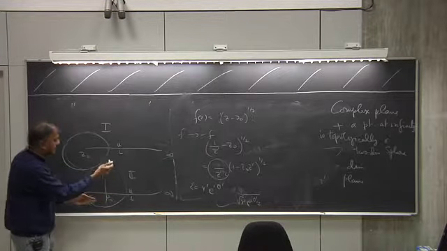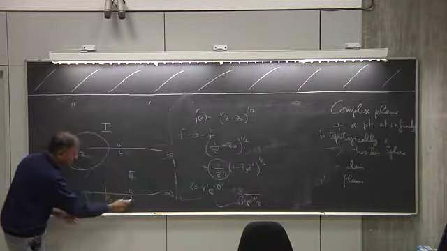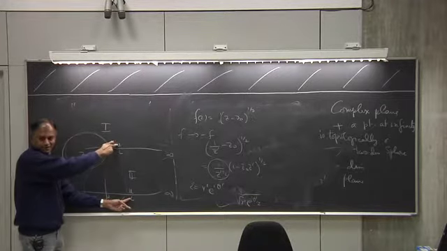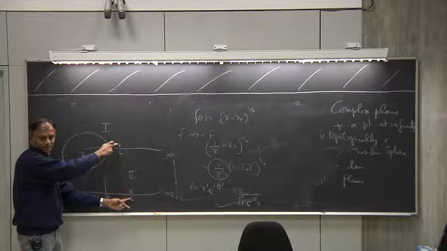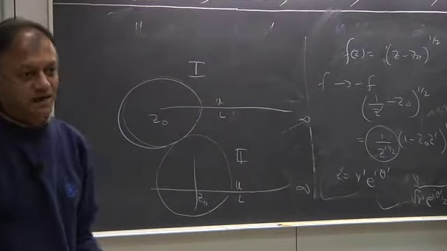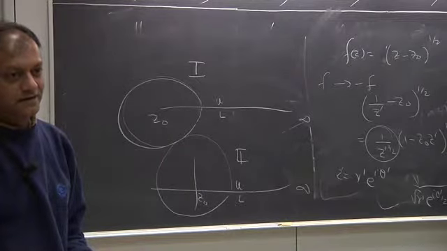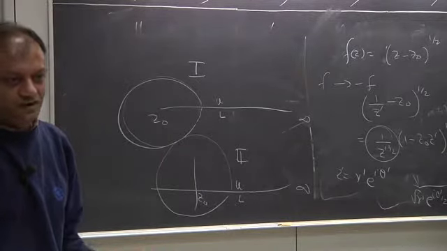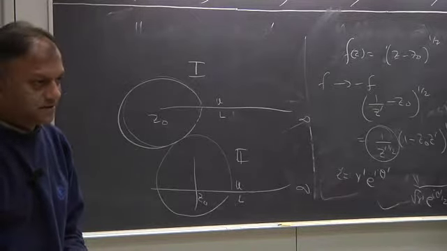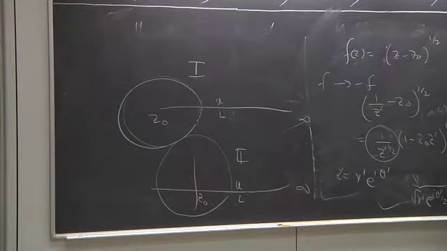And then you come back here, and the lower part of this second sheet is glued to the upper part of the first sheet. Now in this big space, this function is completely single valued, so you can use all the theorems you have learned. So this is the idea.